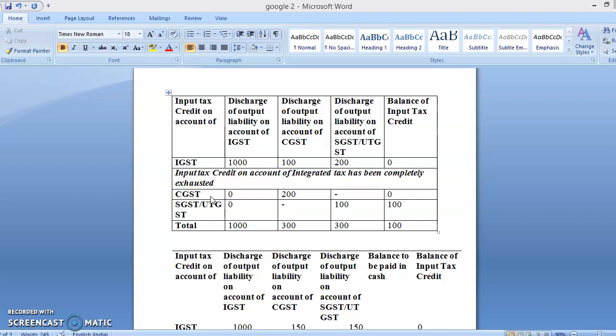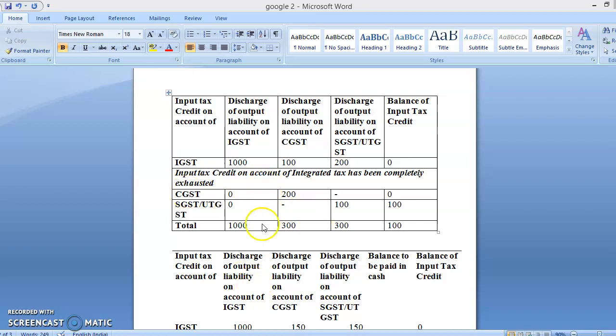Whereas in case of SGST, liability was 300, but I have utilized IGST 200. So the remaining 100 I am going to set off using SGST credit. So SGST credit available at present is 100.